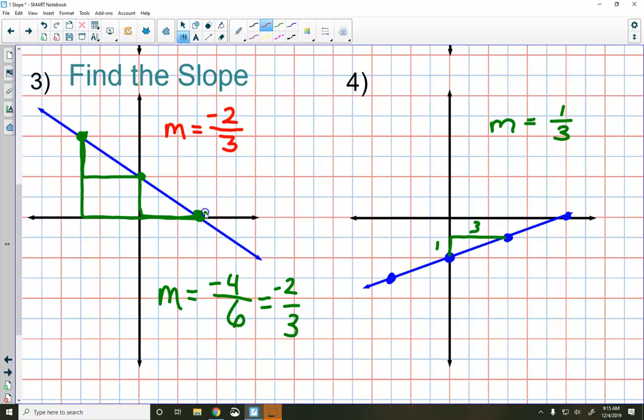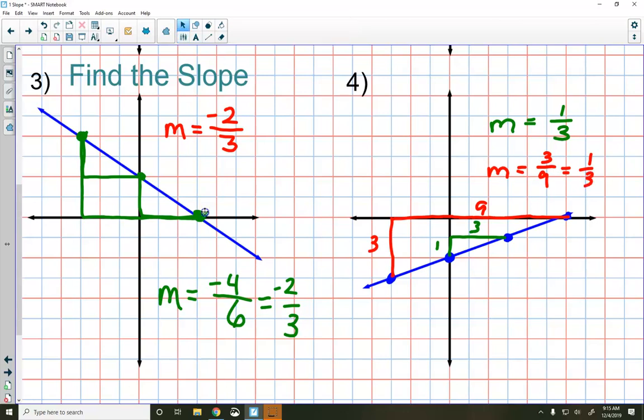Maybe I found the 2 furthest away. This went up, let's see, 1, 2, 3. It went over 1, 2, 3, 4, 5, 6, 7, 8, 9. So the slope is 3/9, which reduces to 1/3.